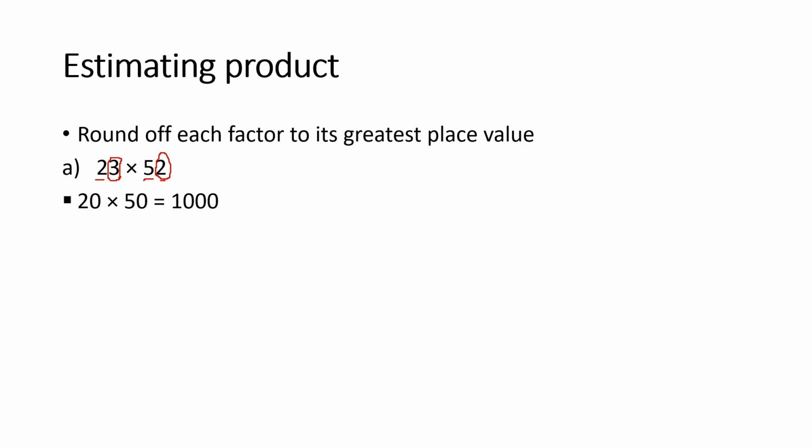Very easy estimating product. Now in another question, see here, in 312, the highest place is hundreds, and here is only one digit, 7, so it will be 7 only. There is no need to round off this 7. So now we will round off only this factor, 312.